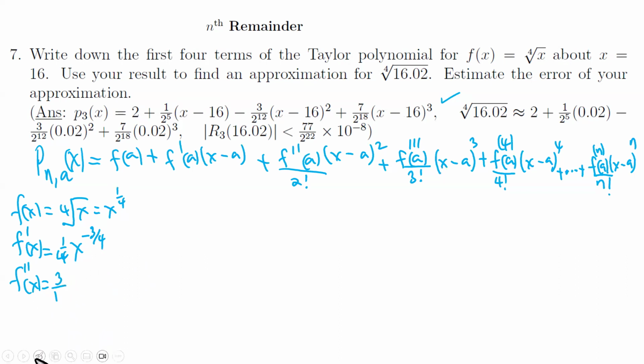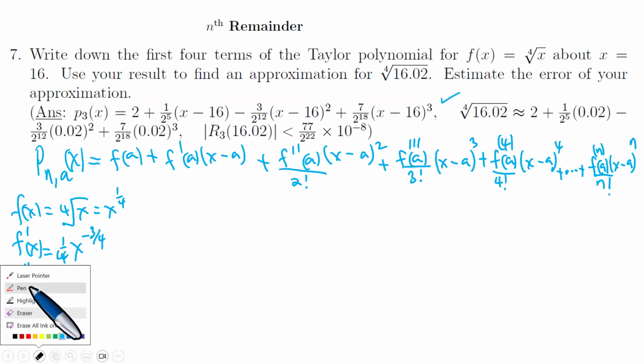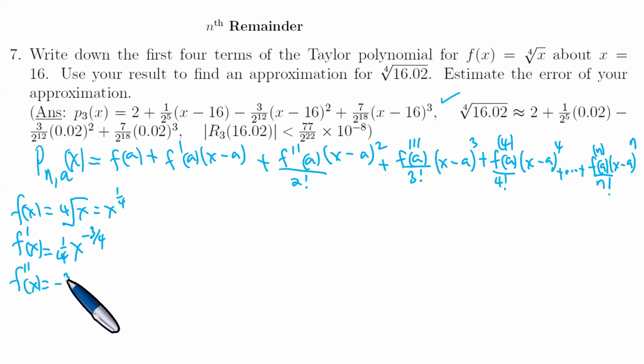You have 3 out of 16, the minus 7 out of 4.